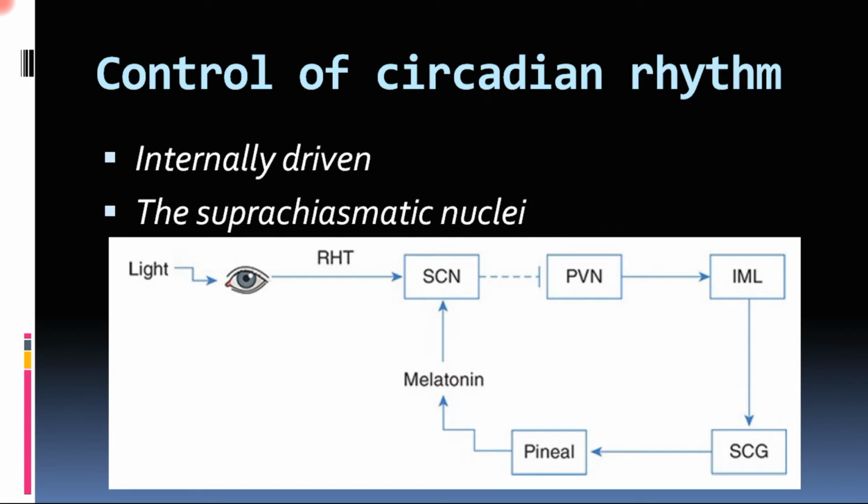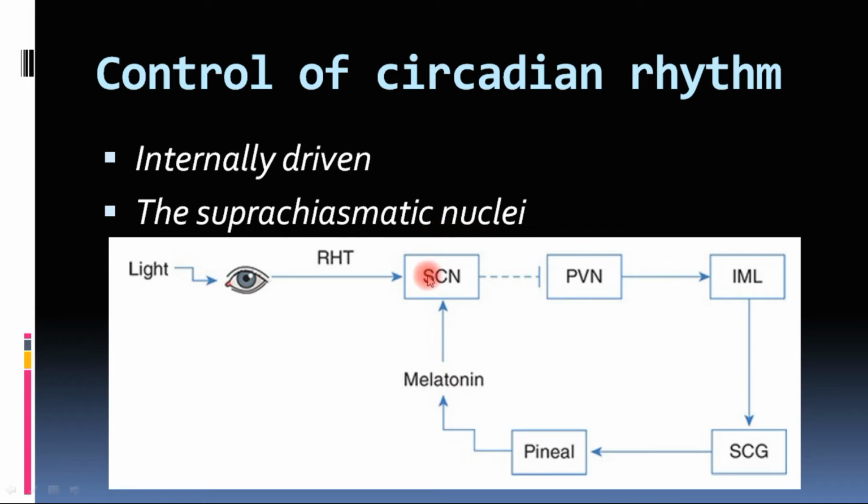The main nucleus of the hypothalamus which is involved in the circadian rhythm is the group of suprachiasmatic nuclei. What is happening here is that the light, when it falls on the retina, reaches the suprachiasmatic nucleus with the help of the retinohypothalamic tract. What we have studied in the last class is the afferent of the retinohypothalamic tract to the suprachiasmatic nucleus.